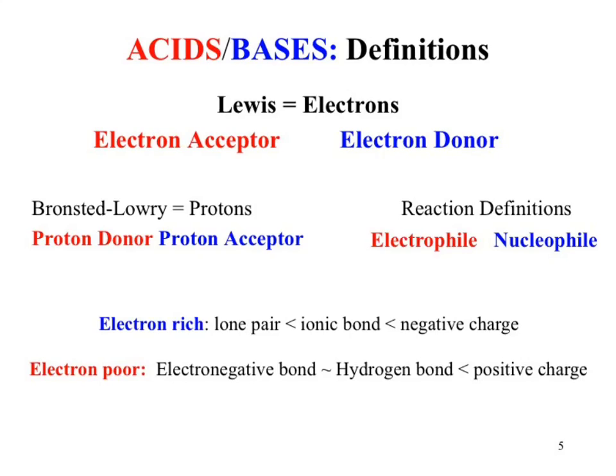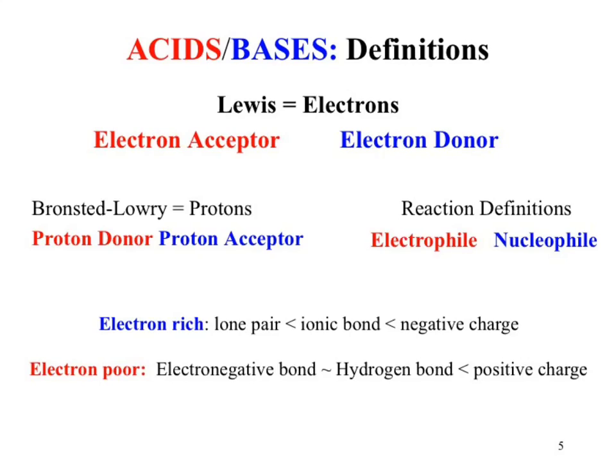And so we can hide an electron-rich atom by putting a metal next to it, because metals are classically very not electronegative, for lack of a better description, okay, which makes the other atom much more electronegative. Okay? And if we go through and look at these, your negative charge is your most electron-rich, your ionic is probably next, lone pair is probably last, okay, as far as your electron-rich sources.